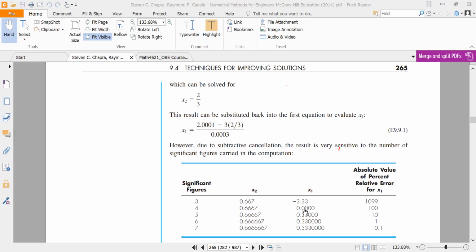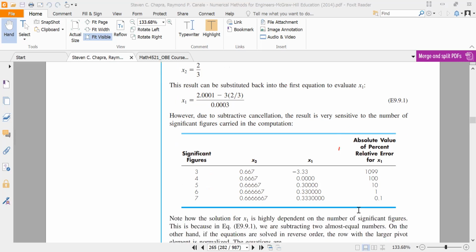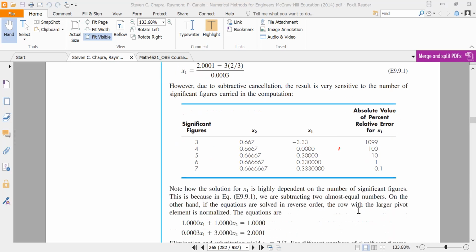If we increase the number of significant figures to 4, then it will be equal to 0, and your 100% error is there. If we use 5, then you see that your results are gradually improving. That means you have to use a huge number of significant figures to obtain the correct result, and it is not computationally efficient.